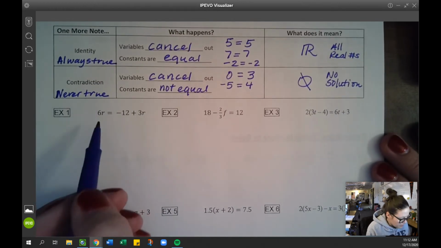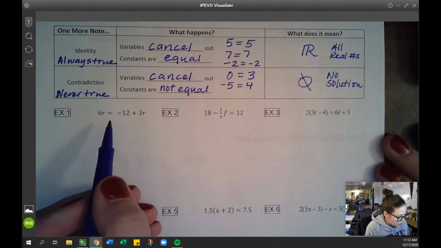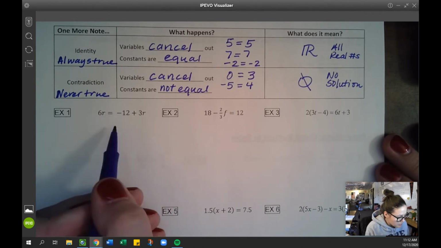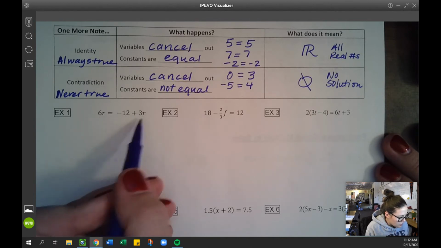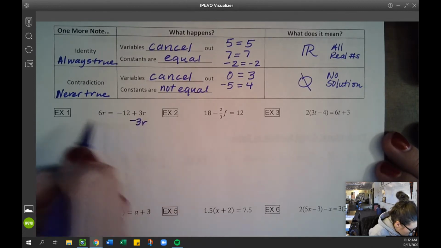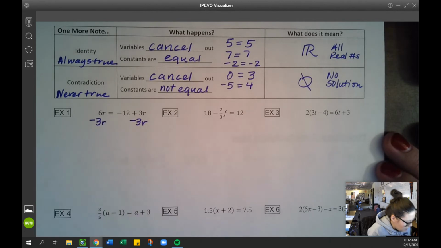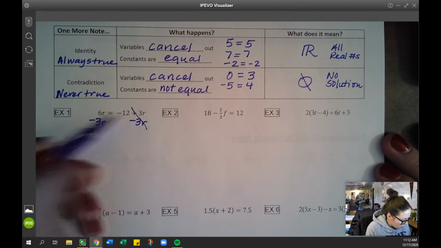Okay, step 1 is to distribute. No distributing needs to happen. No fractions or decimals. No like terms that are on the same side. However, I do have a variable on both sides, so I want to get the variable on one side only. So I'm going to subtract 3r from both sides. Those zero out.